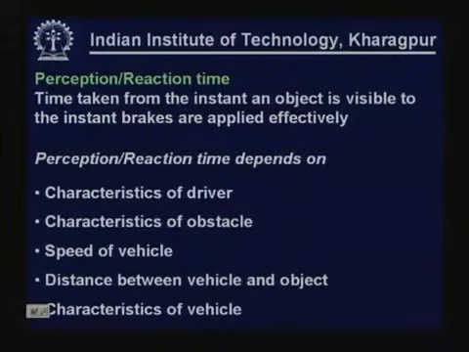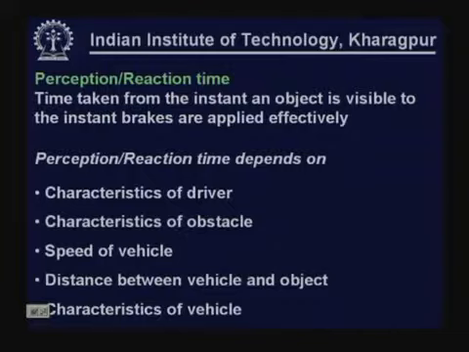But often these are considered together. So, we are calling this time the perception reaction time, which includes perception as well as the reaction. So, this is the time taken from the instant an object is visible to the instant brakes are applied effectively.